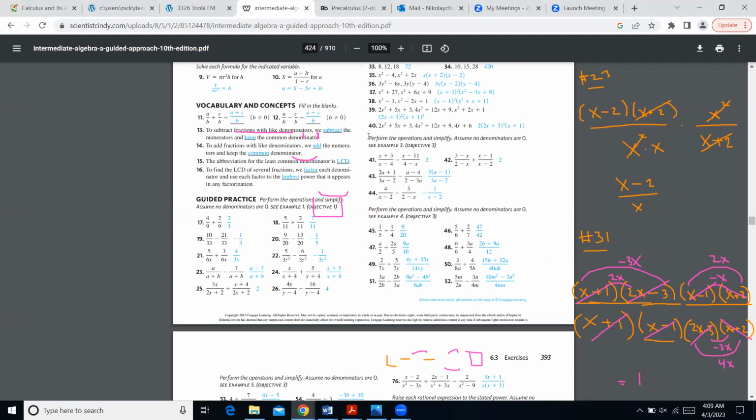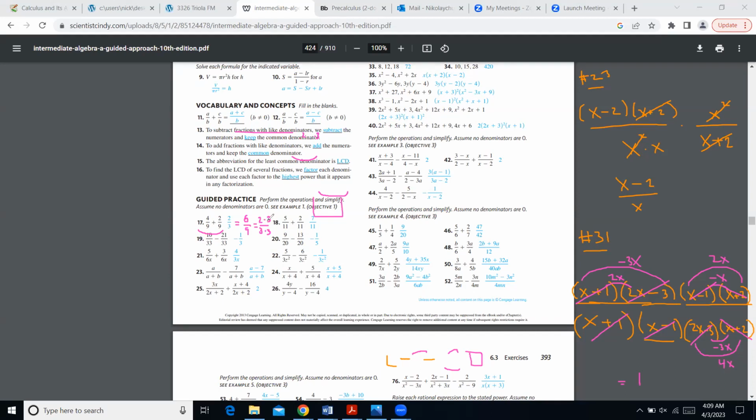Like in problem number 17, it's pretty straightforward, because when you add 4 and 2 ninths, you end up with 6 over 9. So if your denominators are the same, you just add numerators, and this is indeed equal to 2/3, because you can factor numerator 6 as 2 times 3 and denominator 9 as 3 times 3.